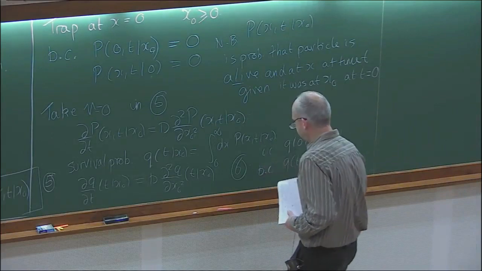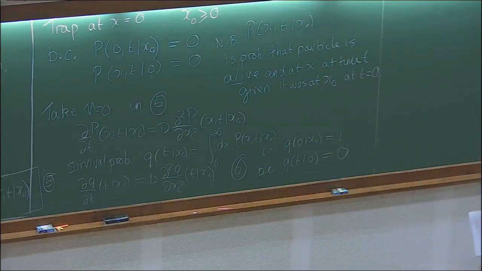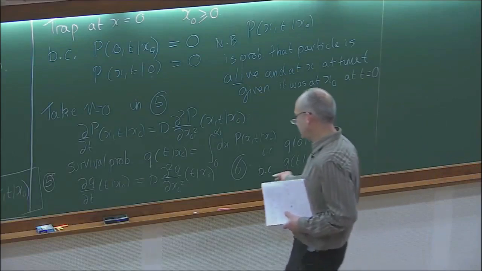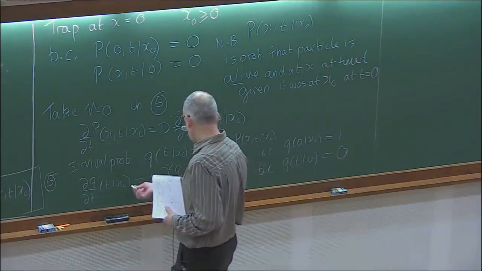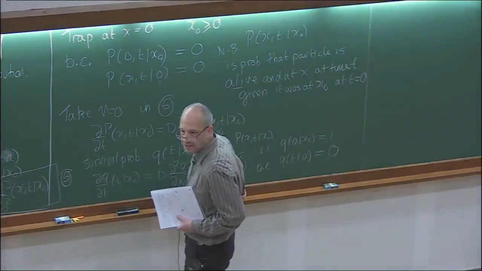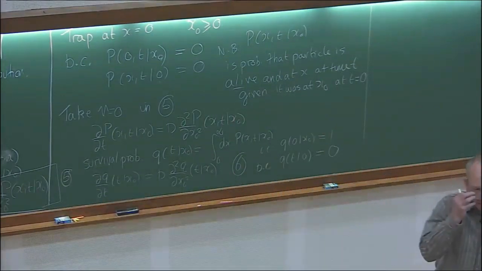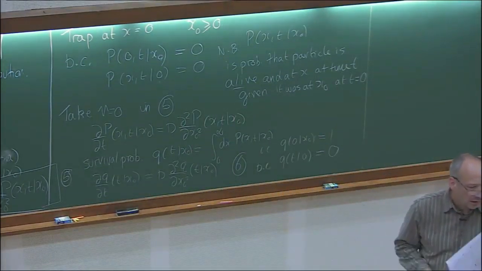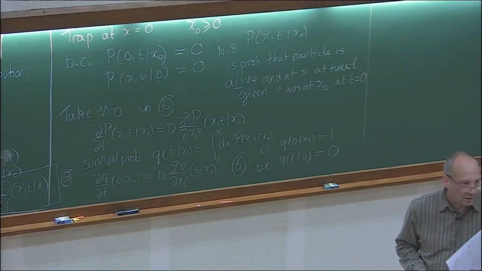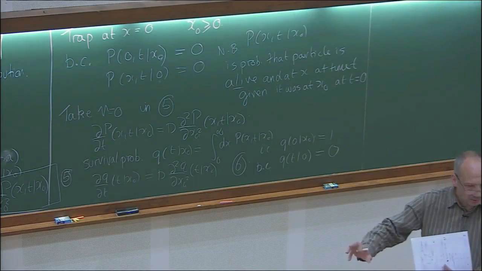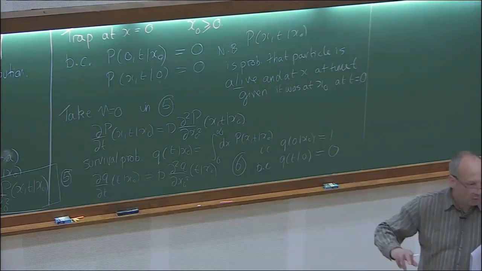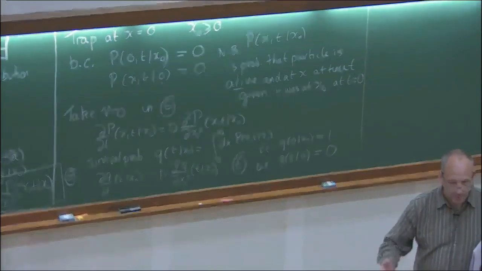So what I want to do now is to solve this diffusion equation subject to these boundary conditions. Now, there's many ways of doing this, so I'm not going to give you them all. You may have heard of things like method of images is one way to do it. I'm not going to do it that way. I'm going to do it a more systematic way that we'll then use in the second half of the lecture.